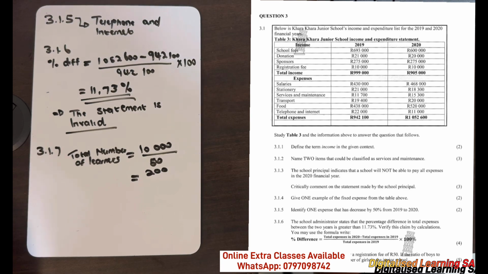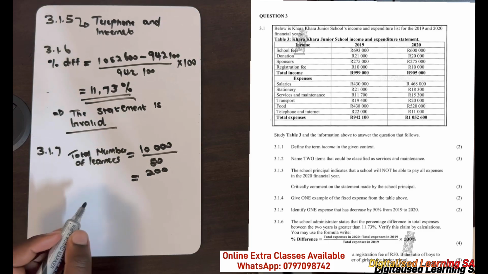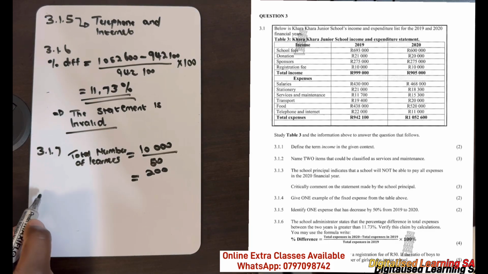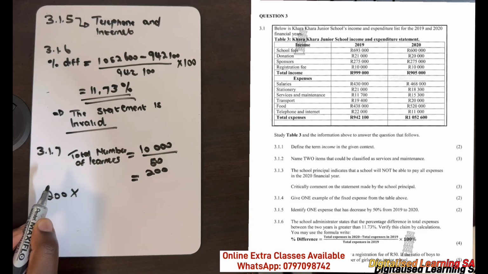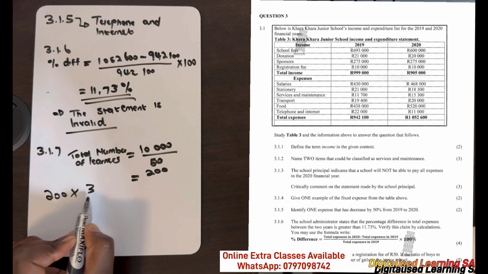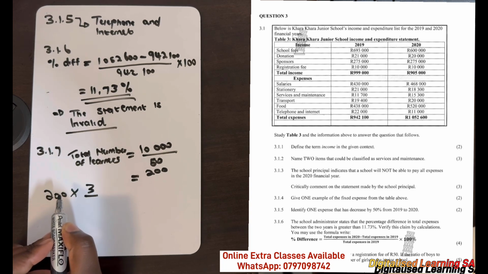So now let's go back to our question. It says that the ratio of boys to girls is 2:3, so 2 is representing boys and 3 is representing girls. Determine the number of girls in the junior school. So we take the total number of learners, which is 200, and multiply by the ratio of girls, which is 3, and divide by the total ratio.